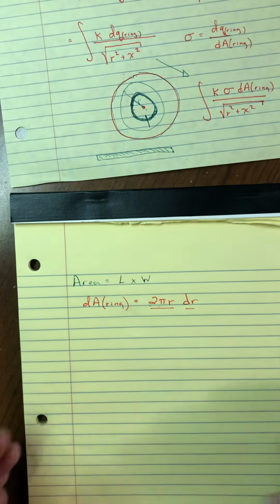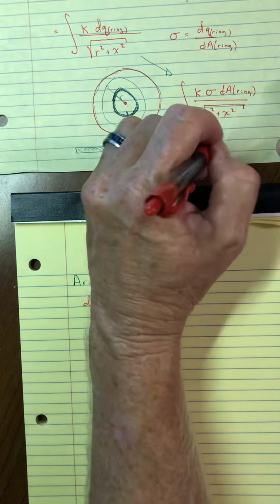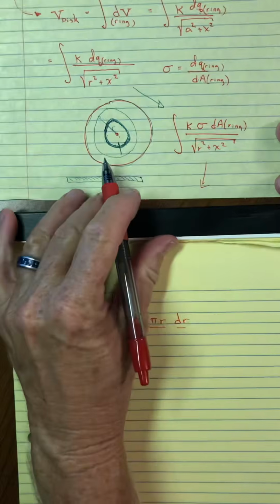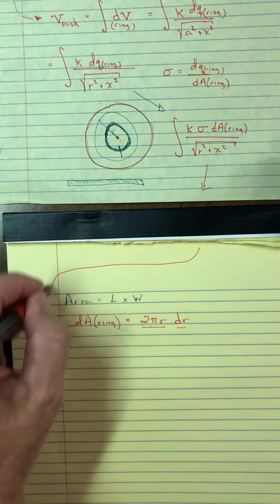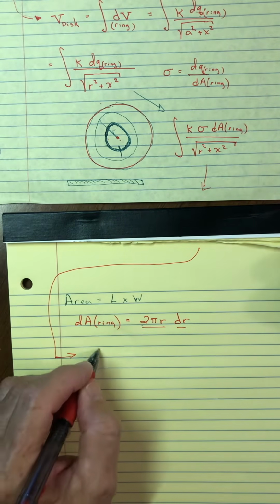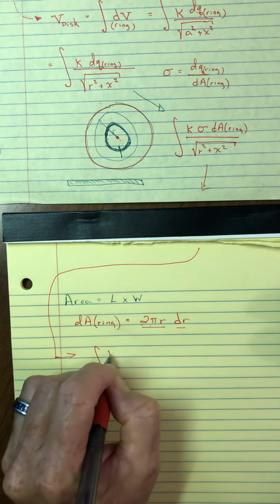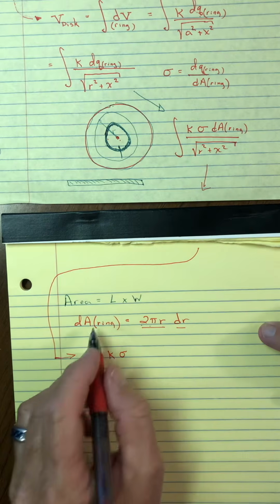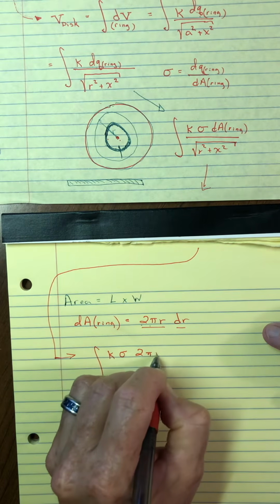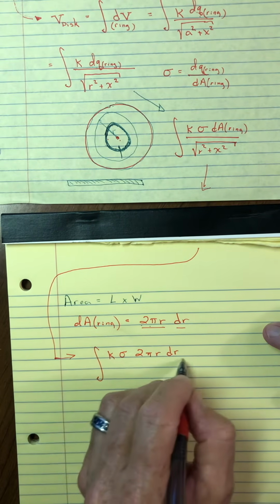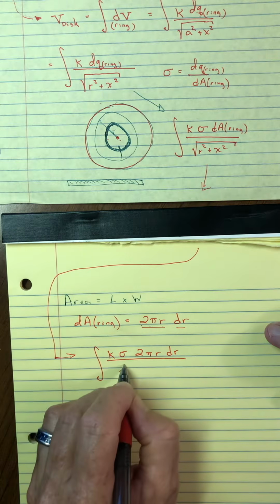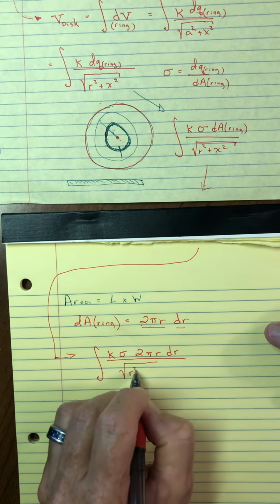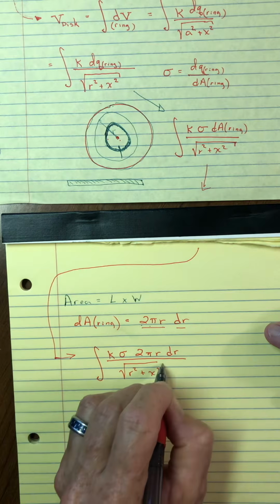So there's the length times the width. So then I can take this equation here and say, okay, so this becomes an integral of, and I've got a k, got a sigma, and in place of dA now, I have 2 pi r dr over the square root of r squared plus x squared.